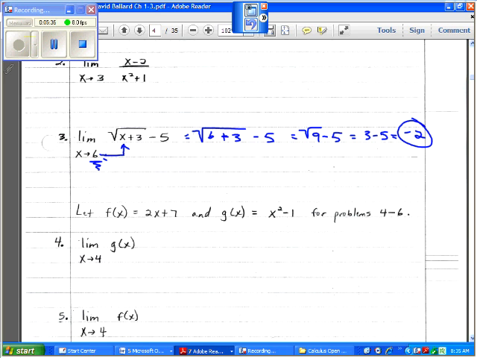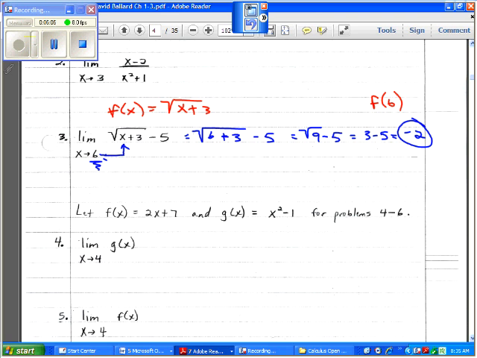So the limit as x approaches 6 of f of x is equal to what? f of 6, right?